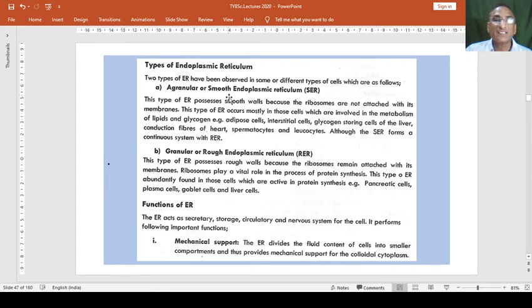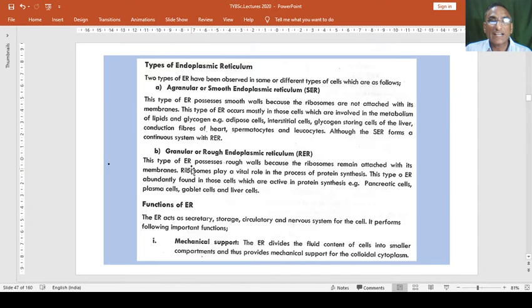Although the smooth endoplasmic reticulum forms a continuous system with the rough endoplasmic reticulum, they are very closely related to each other. If they have granules, it is called rough endoplasmic reticulum. If they have no granules, it is smooth. It's very simple, and they may continue in association with each other.